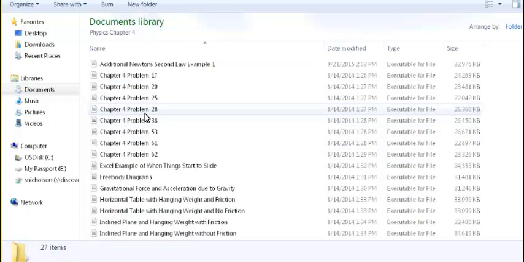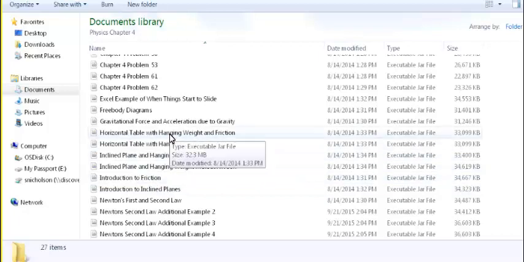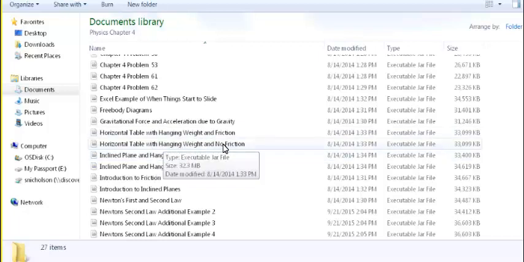Now in chapter 4, we've got all these examples, and most of them we went over in class. We have horizontal table with hanging weight and friction. We've got horizontal table with no friction. So this is kind of the ones where they're connected to each other, this is the simplest one.